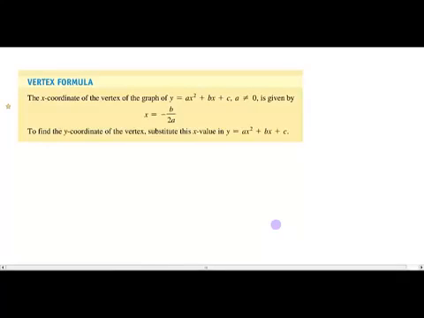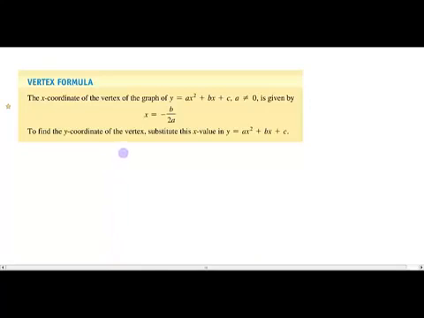In the vertex formula, the x-coordinate of the vertex of the graph of y equals ax squared plus bx plus c, with a not equal to 0, is given by x equals negative b over 2a. To find the y-coordinate of the vertex, we'll substitute this value into the original equation of the graph.